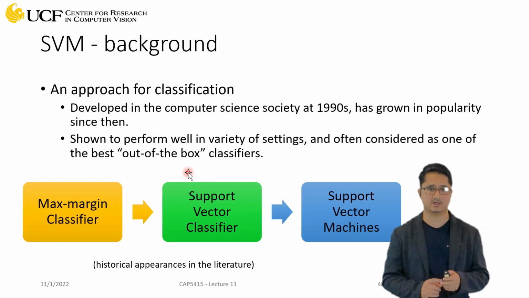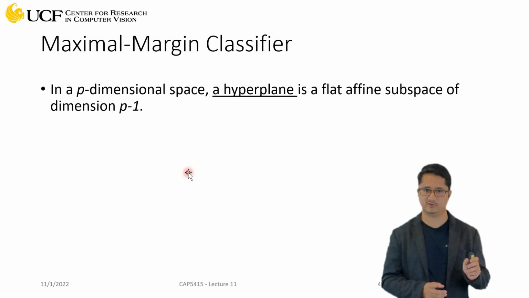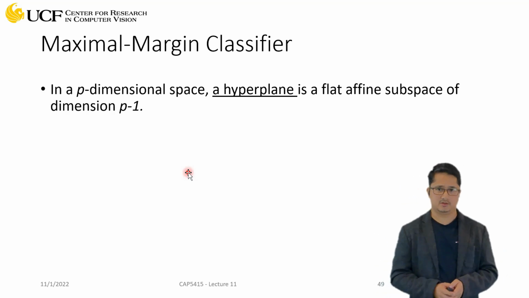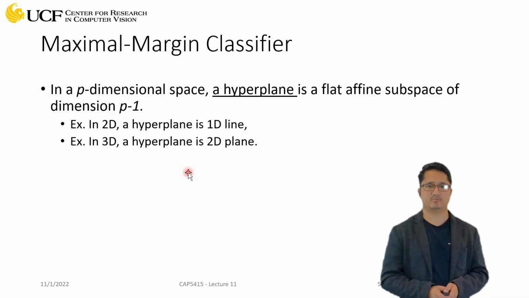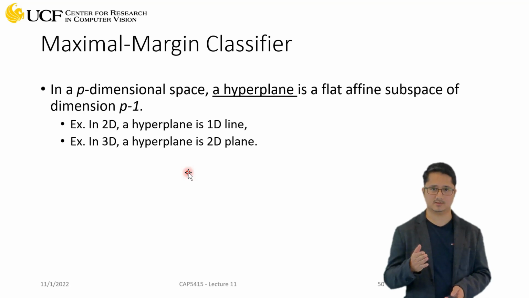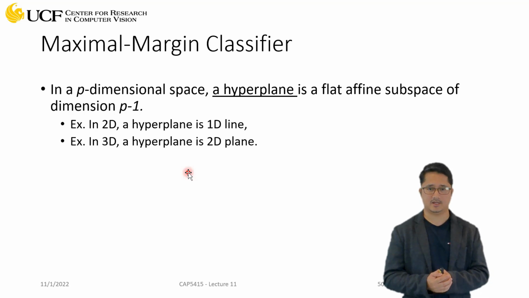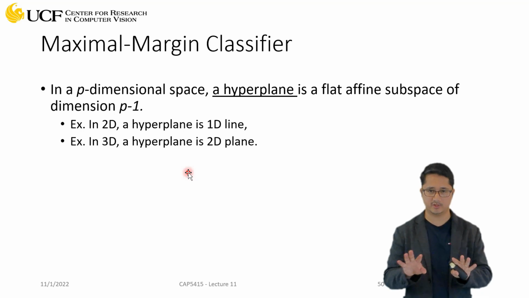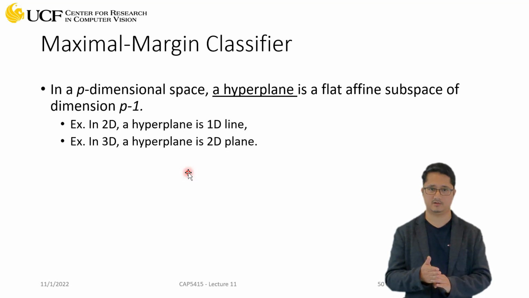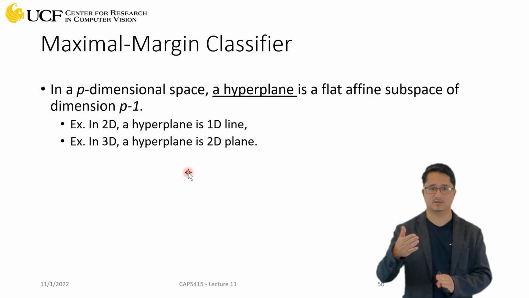So let's first go to the max margin classifier, which we briefly covered earlier. The idea is, we try to learn this hyperplane. In case of Euclidean space, which is two-dimensional space, it's going to be, no, sorry.